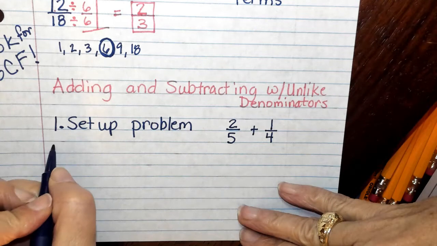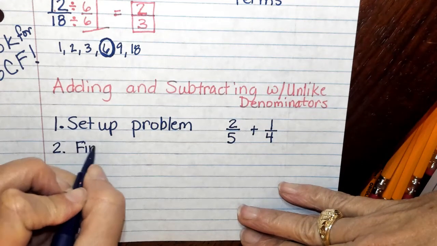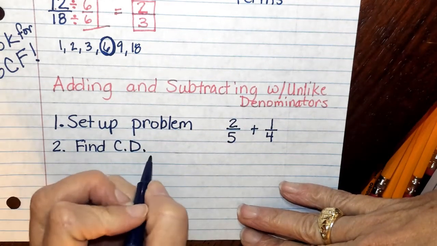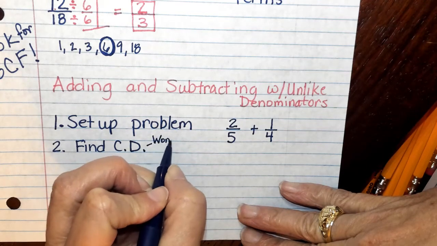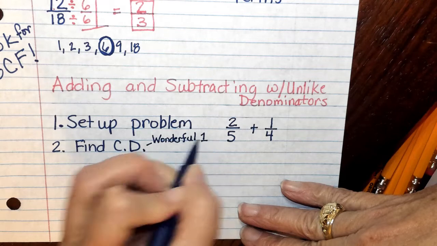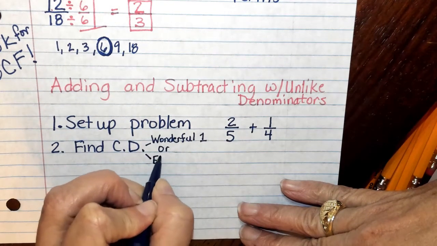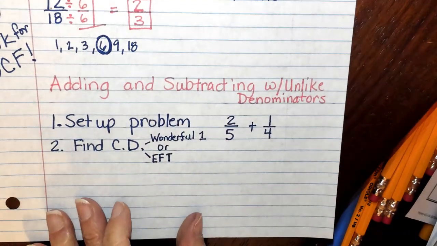Step number 2 says that we need to find common denominators. We can do that 2 ways. We could use our wonderful 1, or we could just use our EFT because it's something that we're comfortable and familiar with.